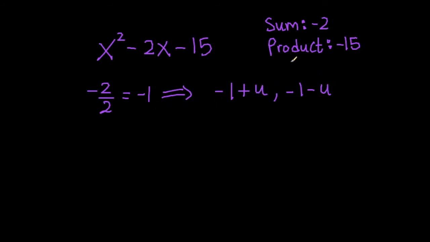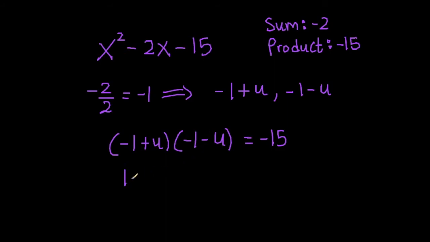Okay, now those are the two numbers that we've generated. You can add them up. Their sum will be -2. But now their product needs to be -15. So let's multiply them. -1 plus u and -1 minus u is equal to -15. -1 times -1 is +1. -1 times -u is +u. u times -1 is -u. And u times -u is -u squared.